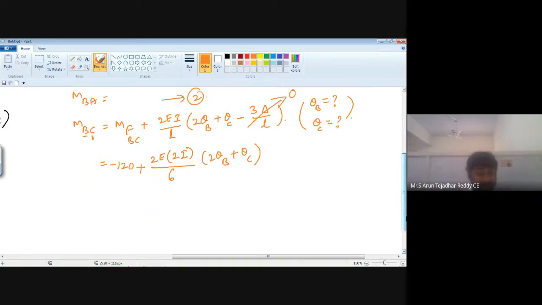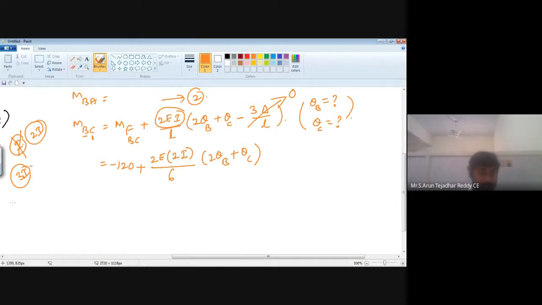See here, not only this problem, in each and every problem, sometimes he will give I or else 2I. If I is given, no problem, we can keep 2EI directly. Suppose he gives 2I, then in place of I substitute 2I. Suppose he gives 3I, in place of I just substitute 3I.